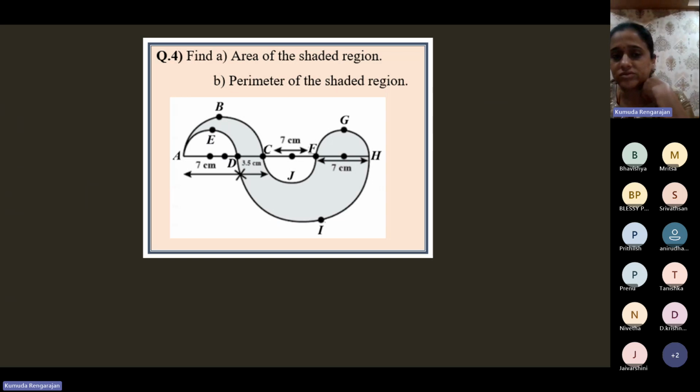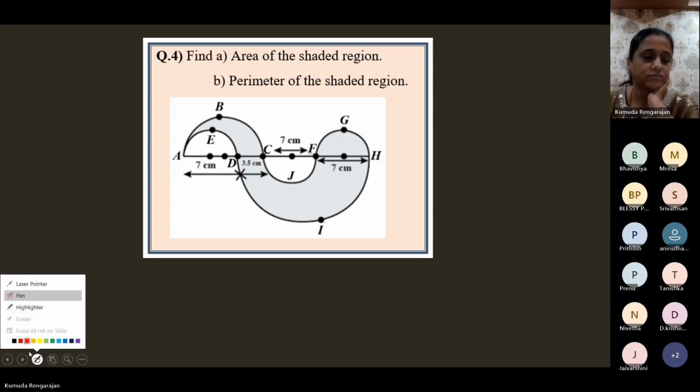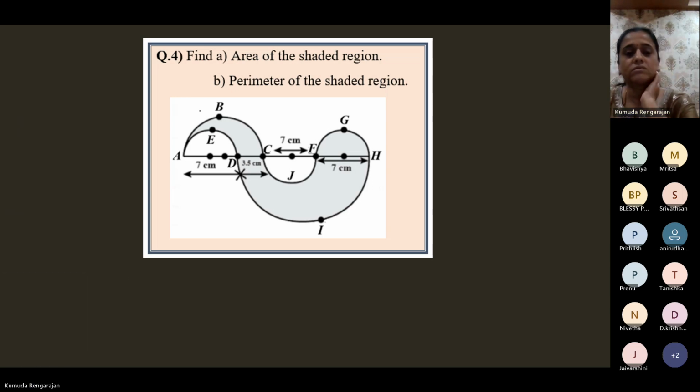Yeah, this is the next question. Find the area of the shaded region and also the perimeter of the shaded region. The area of the shaded region will be, you can see here, all these are semicircles.